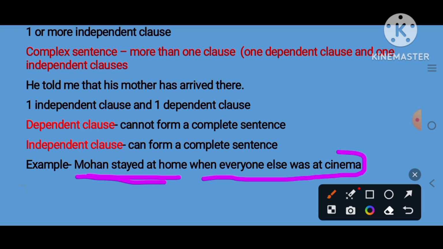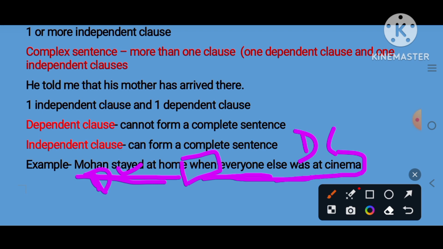Mohan stayed at home is the independent clause, and when everyone else was at the cinema is the dependent clause. How can you identify it here? The when is there, so we can say that this is a complex sentence.